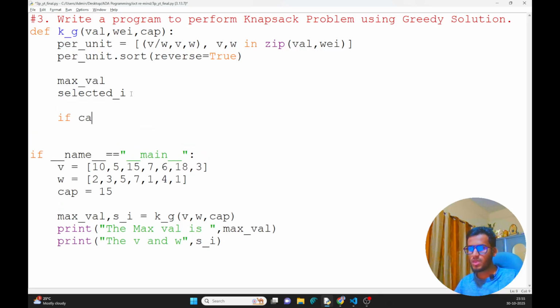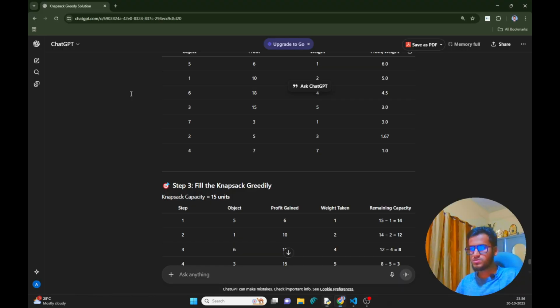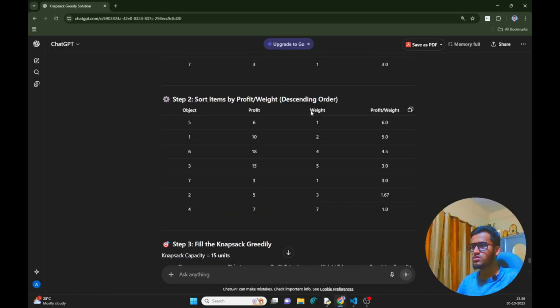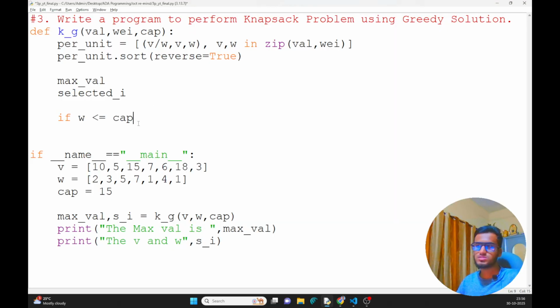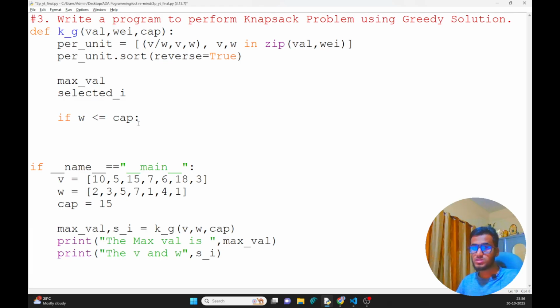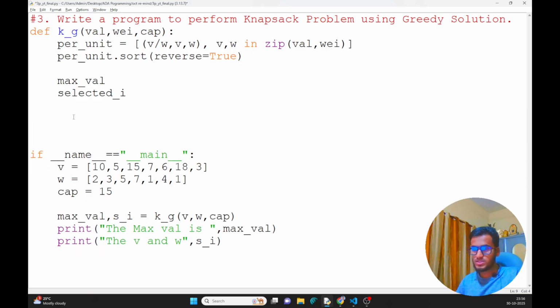The weight should always be less than or equal to capacity. What it means: the weight should not be greater than this capacity. When this condition is true, sorry, before writing this, we should write this.